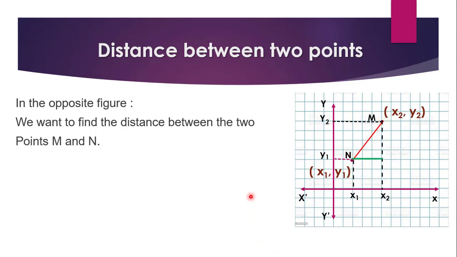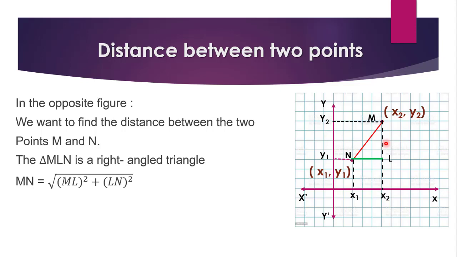We know that the length of the hypotenuse equals the square root of the summation of the squares of the lengths of the two other sides. So the length of the hypotenuse will be the square root of ML power 2 plus LN power 2.